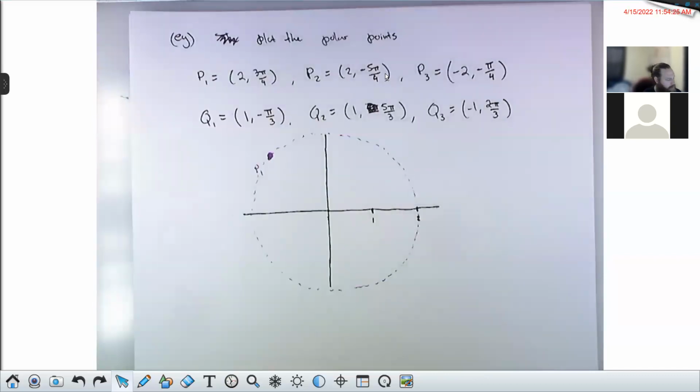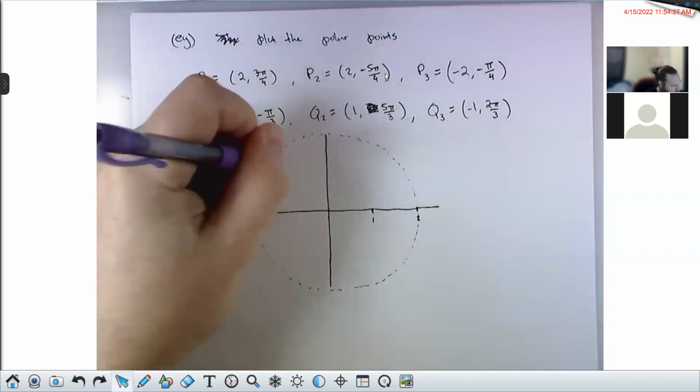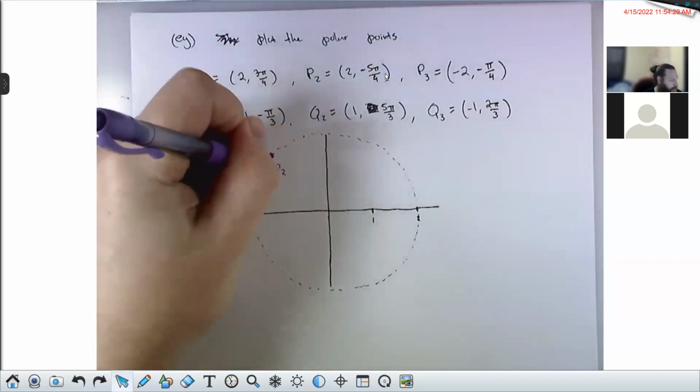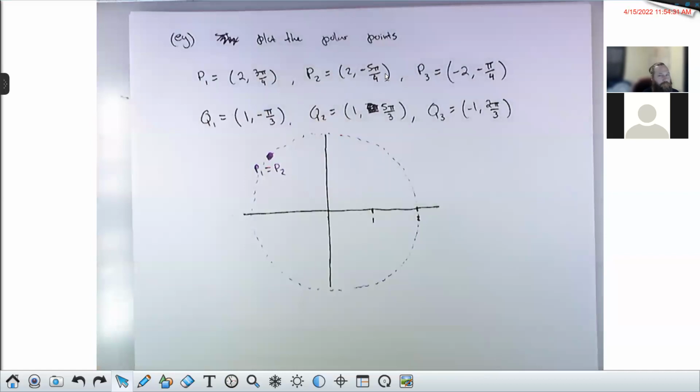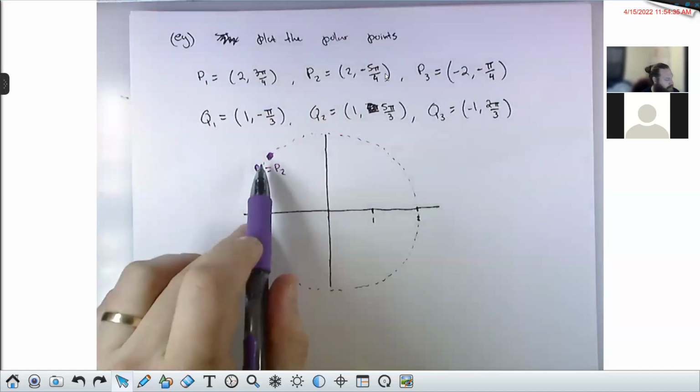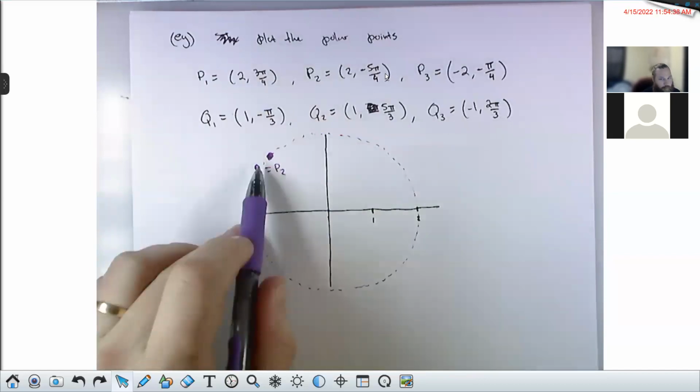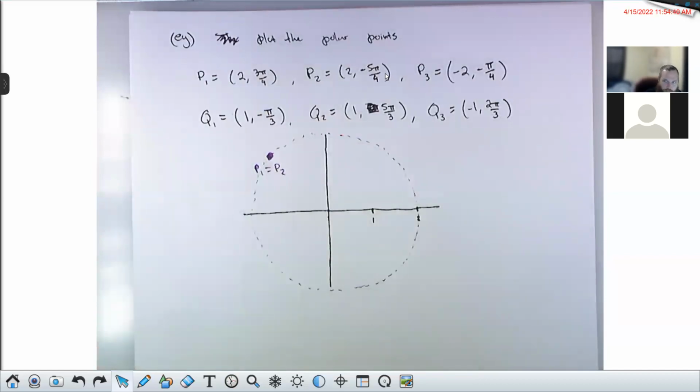Oh, it's the same point. You see, whether I walk around positive 3 pi over 4 or walk around negative 5 pi over 4, I get to the same point.